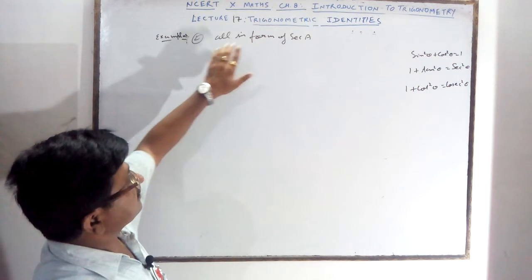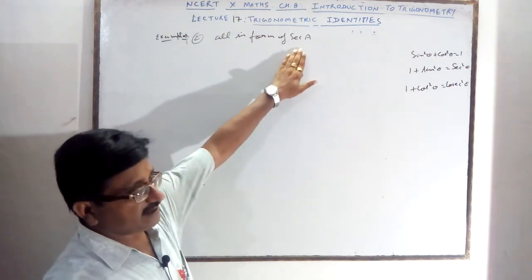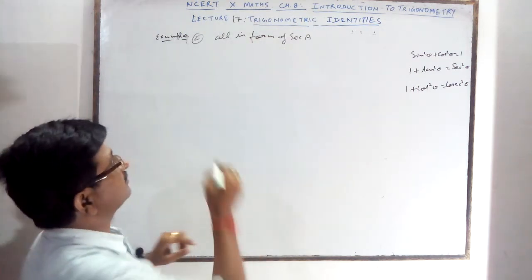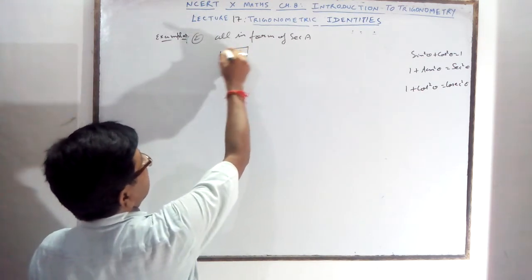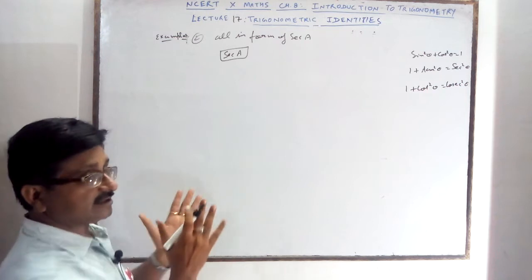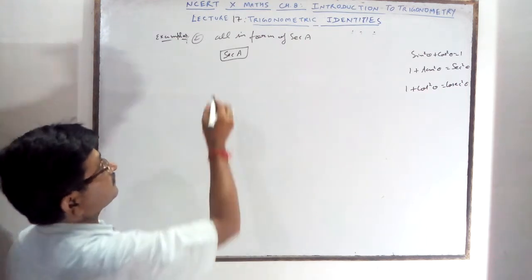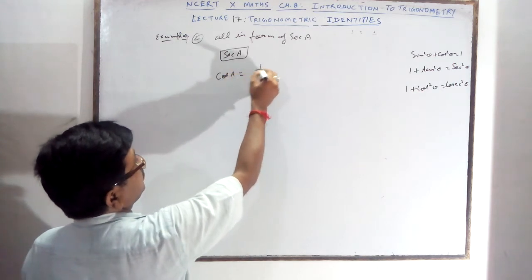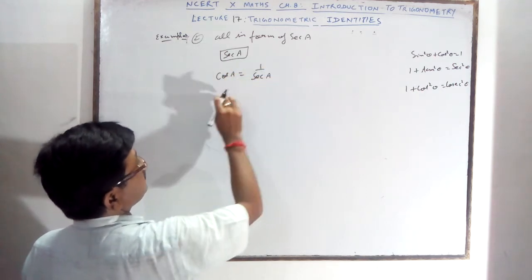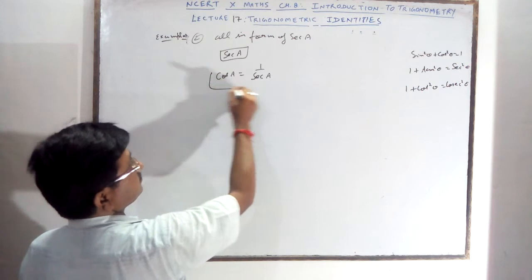All the 6. One is already given, it means sec A is sec A itself. Then what is the relation of sec with its reciprocal? Cos A is equal to 1 by sec A, sec A is equal to 1 by cos A. So 2 is over.